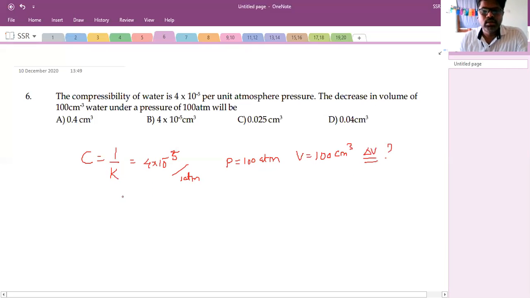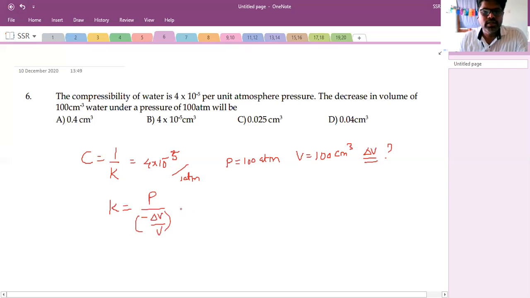Then you have the relation: bulk modulus K is equal to pressure P by minus delta V by V, volume stress by volume strain. They are asking for minus delta V, the decrease in volume.